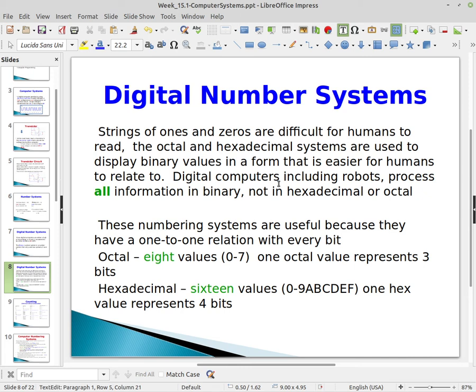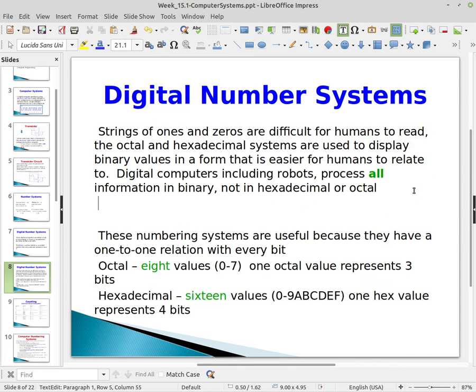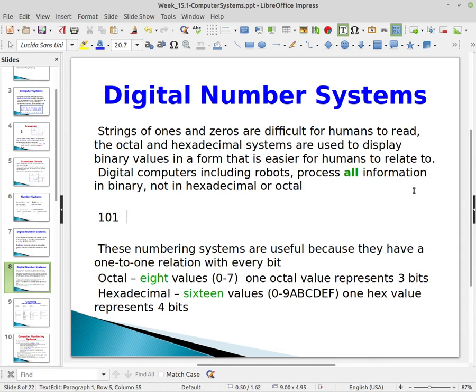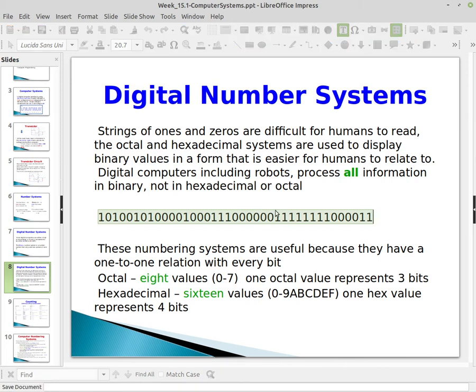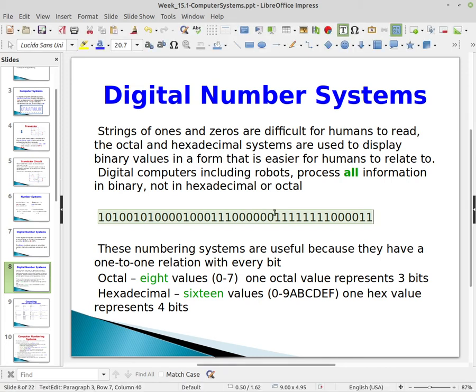And so it's very, very hard if you try to imagine reading this number here, with all these 1's and 0's in here. It's like, what is that number? Okay, computers can read that number very, very easily.